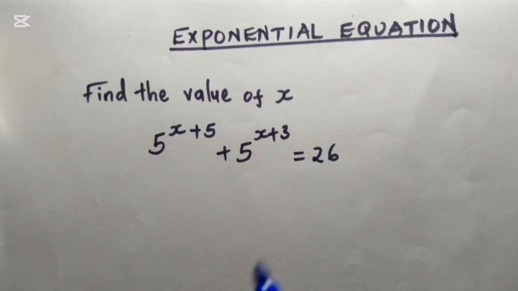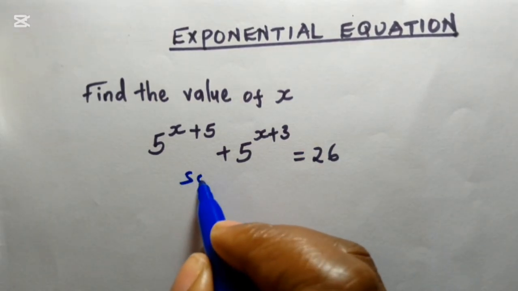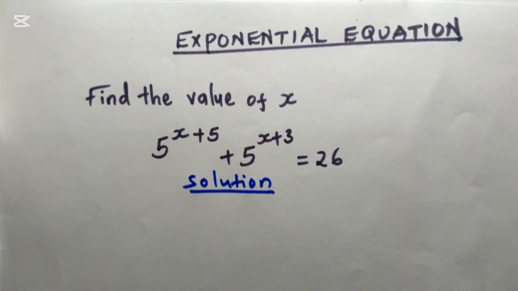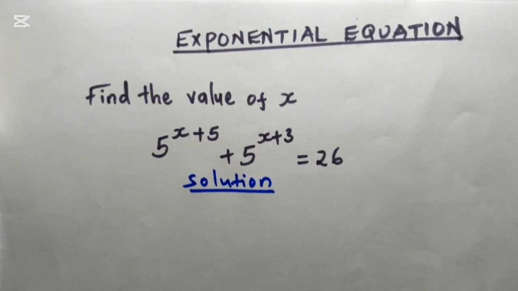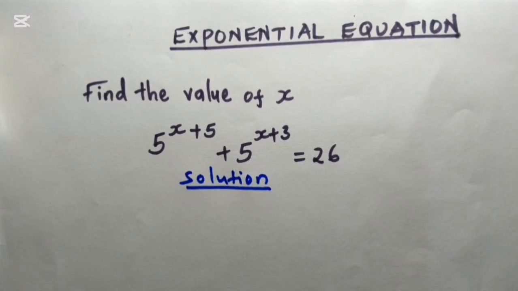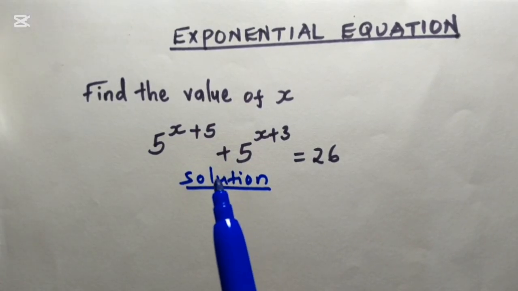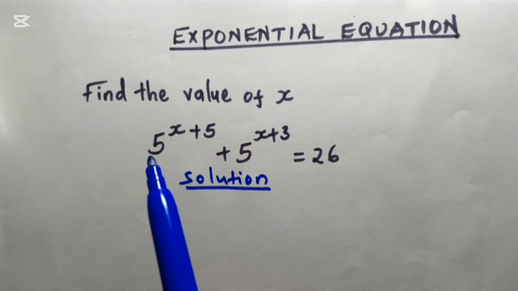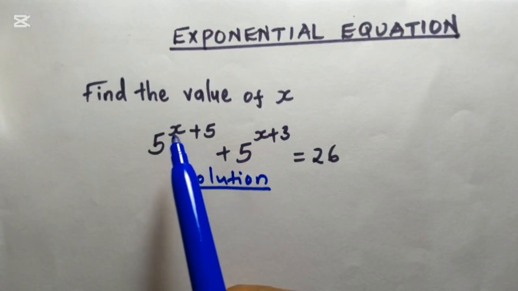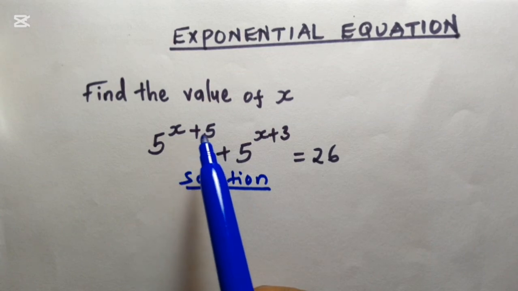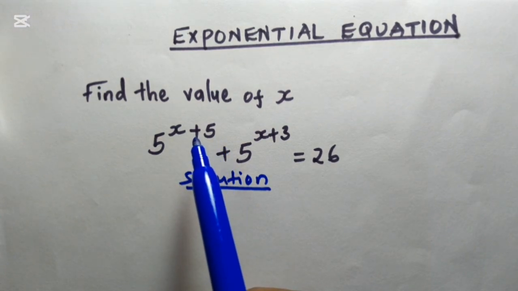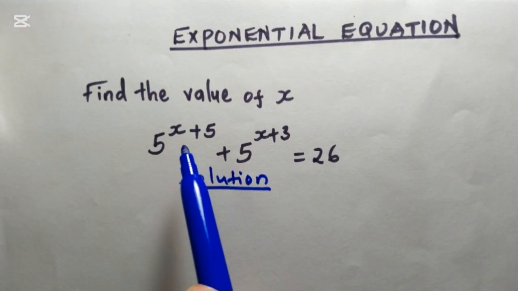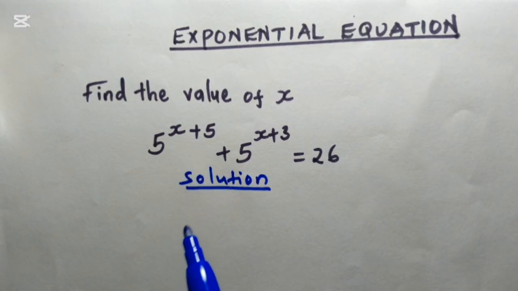Let us solve the question together. So we are supposed to know that when we have an exponential equation with the same bases, and between the powers we have addition, then in case we want to include the bases, we need to multiply.